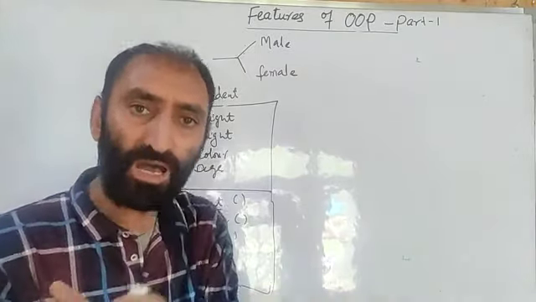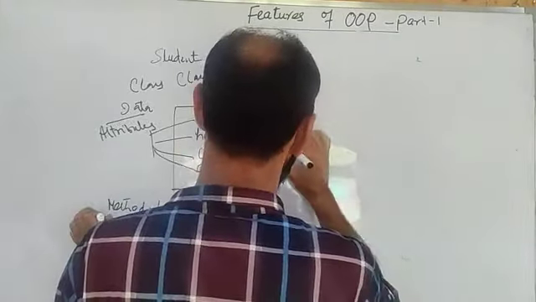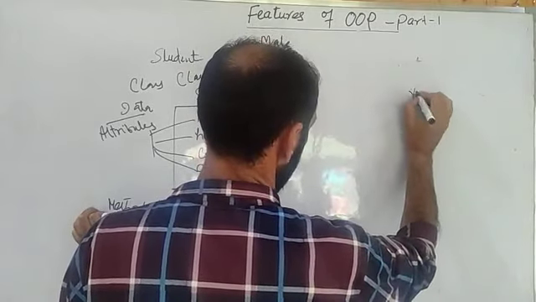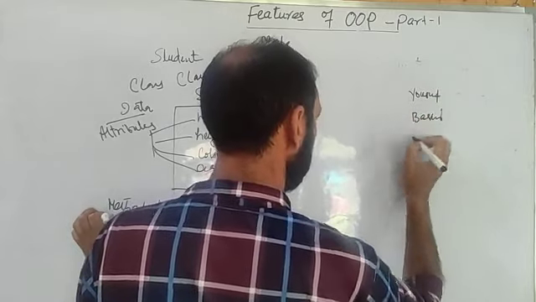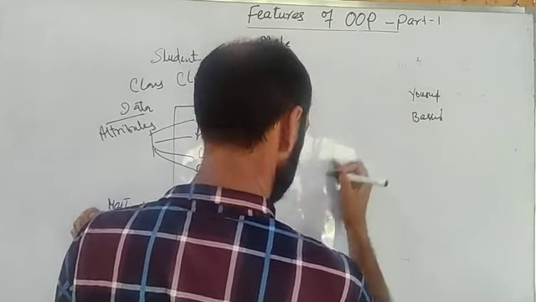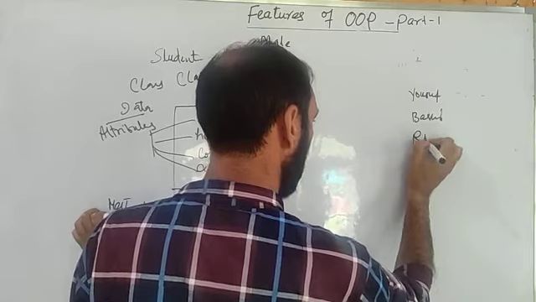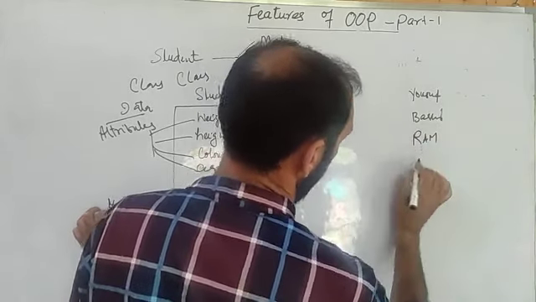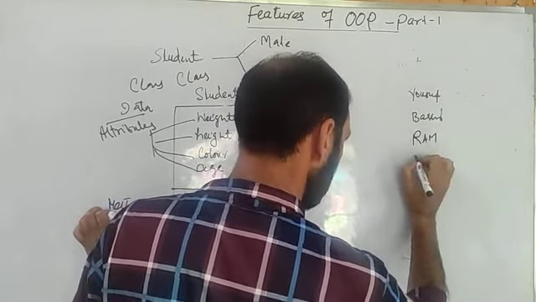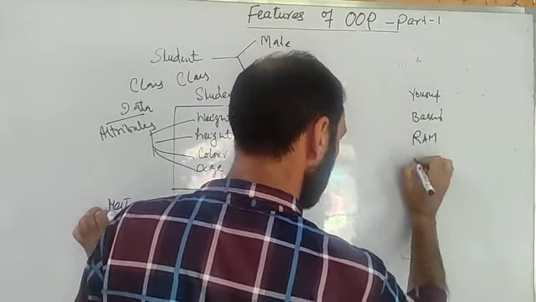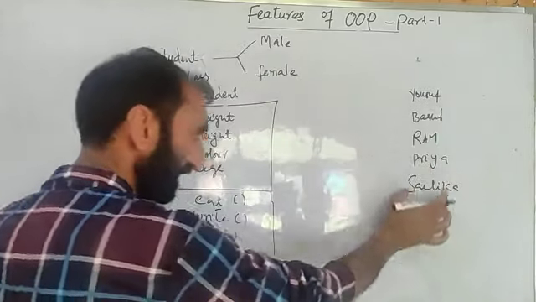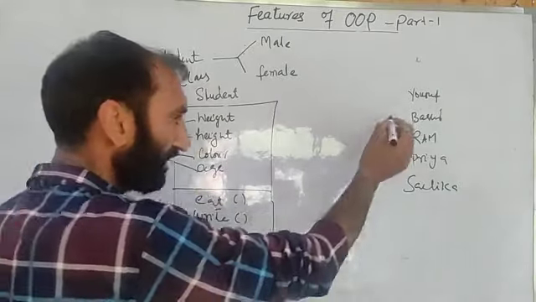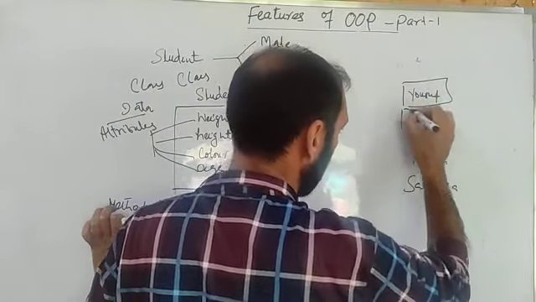For example, Yousuf, Bashir, Ram, Priya, Salika. These are all the names of the students. Because what are these? Actually, these are the objects.